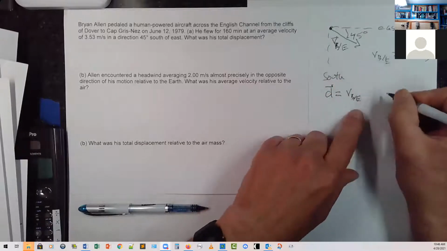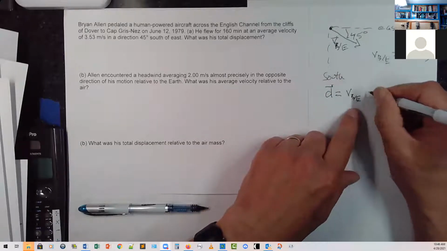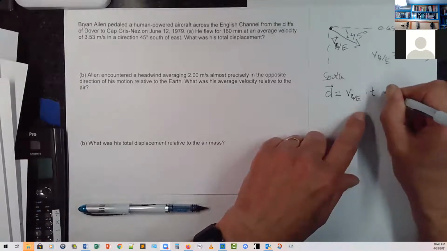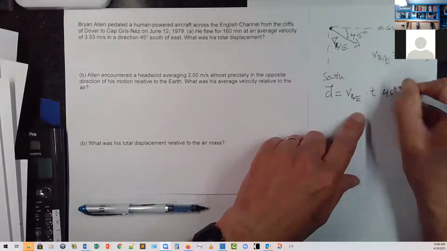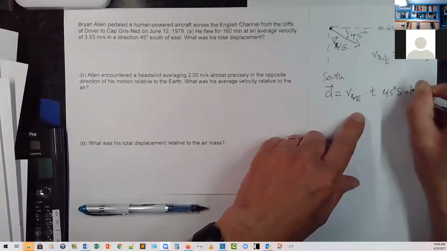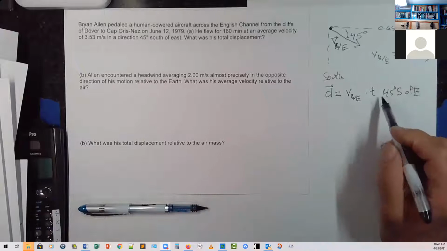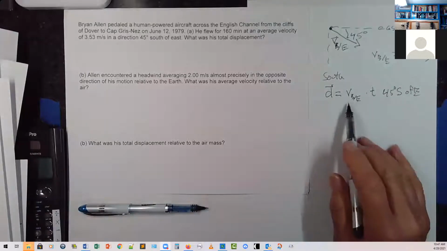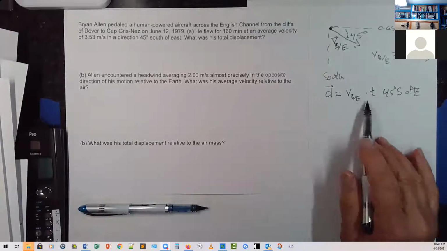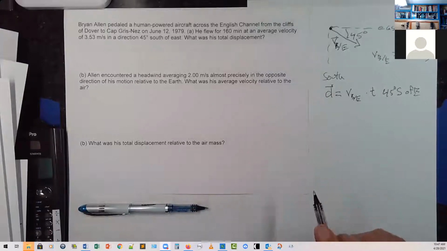His distance traveled is going to be that magnitude times the time that he flies for, and it's going to be 45 degrees S of E, south of east. And by stating the direction and the magnitude of the displacement, I turned it into a vector.